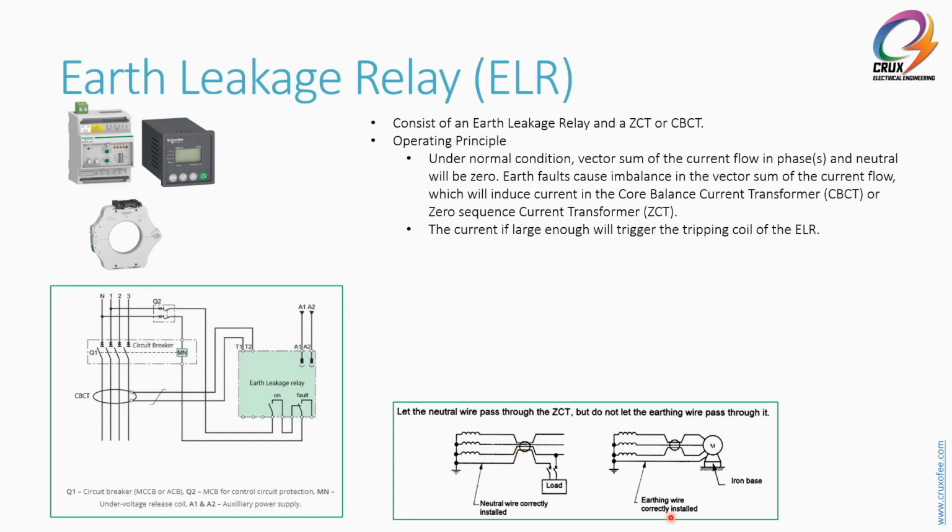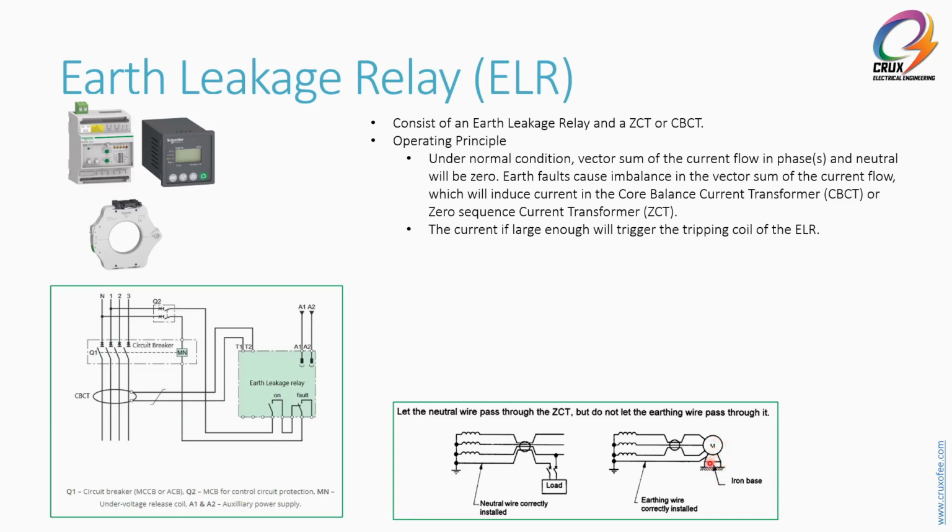Alright, as you can see here, we have a 4 wire CT. So red, yellow, blue and neutral. All the 4 wires must go through the ZCT or the CBCT. Whereas if this is not a neutral wire, but the earthing wire, the earth wire should not pass through the ZCT, because sometimes there might be nuisance faults somewhere, and faults will just return back to the transformer through earthing.